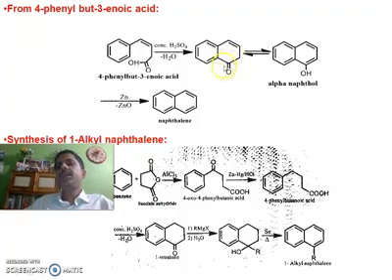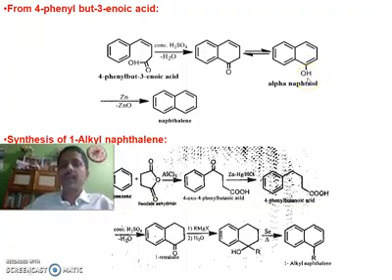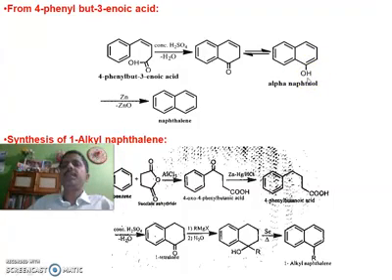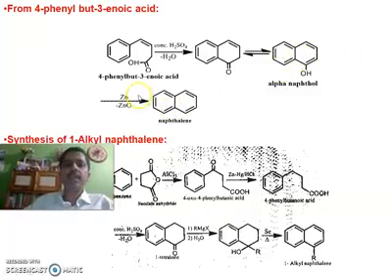If we do the enolization of this ketonic group, a double bond will be formed here and this becomes OH. So this will go to alpha naphthol. As we know, if we do zinc distillation of phenol, we get benzene. Similarly, if we do zinc distillation of alpha naphthol, this OH-containing ring will be converted into the benzene ring, and ultimately we will get naphthalene. Okay.